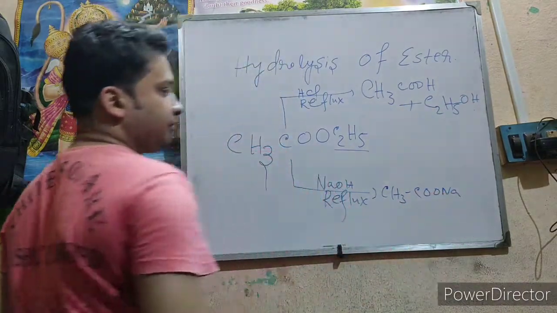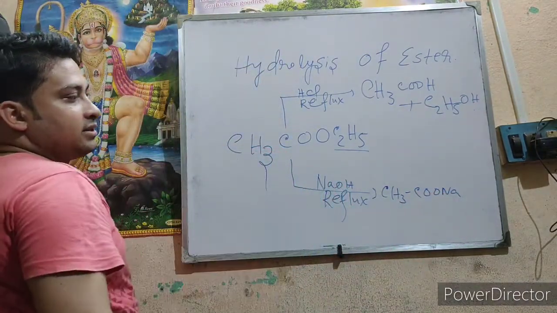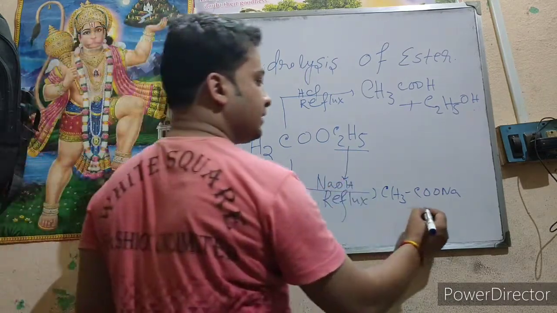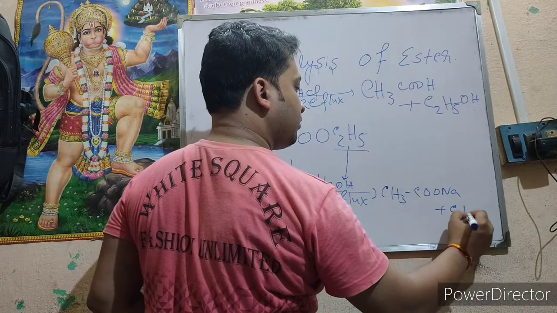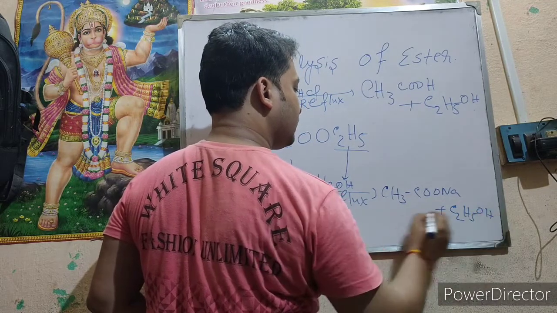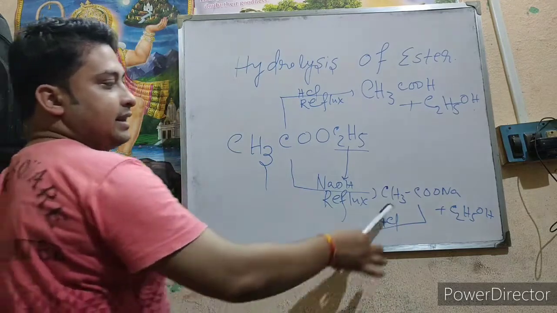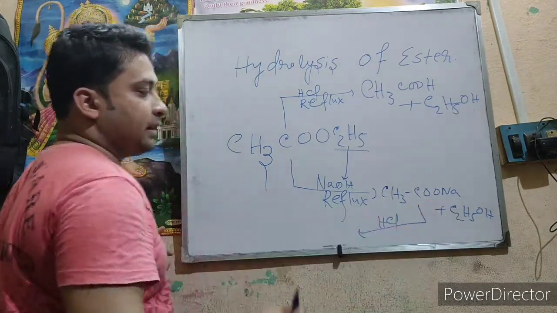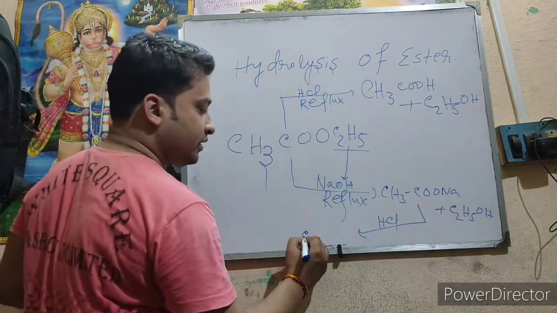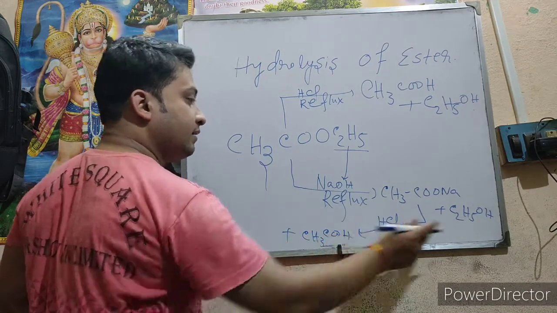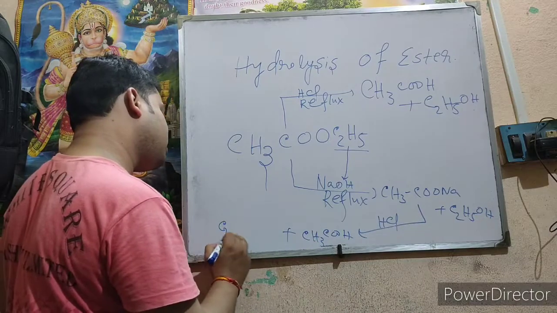For Na you get CH3COONa, and C2H5 reacts with this OH, so you get C2H5OH. After this you acidify the CH3COONa and you get CH3COOH, and the other product is constant, C2H5OH.